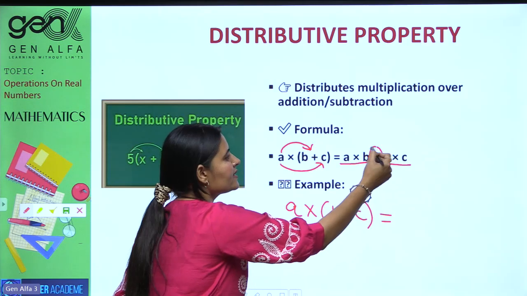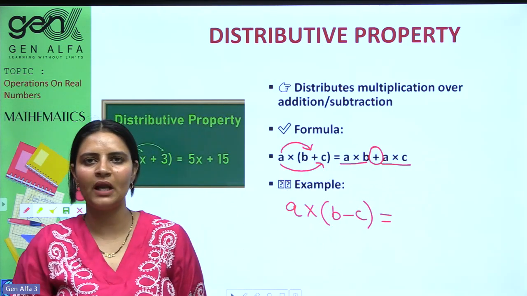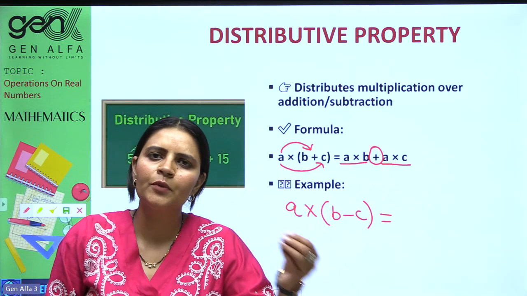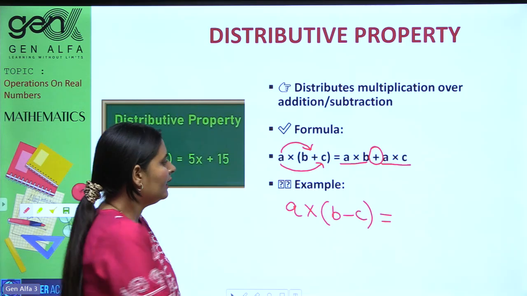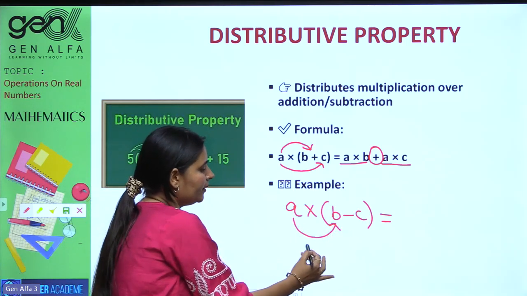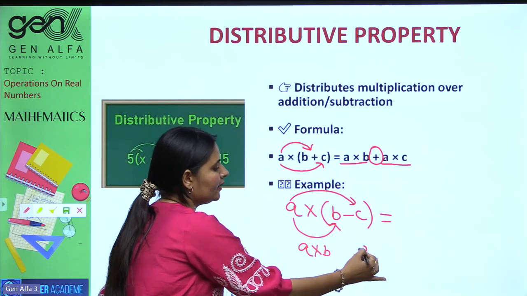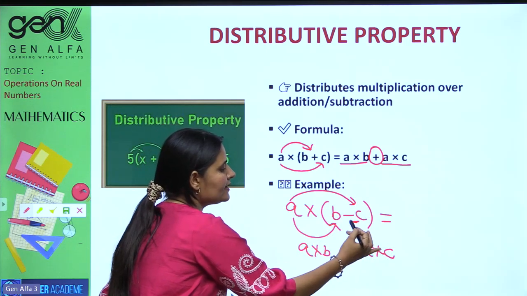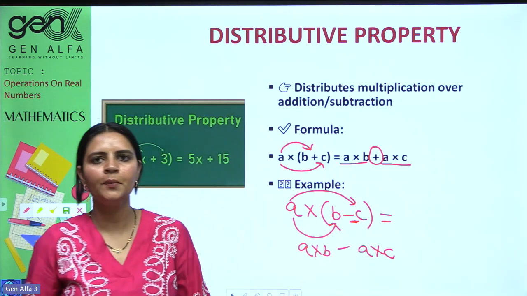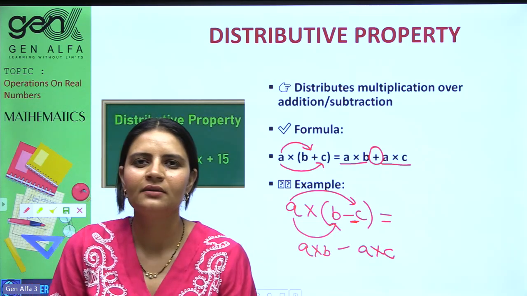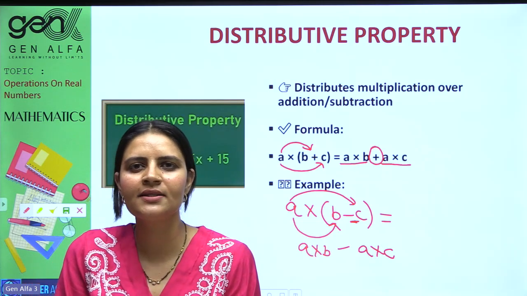And these two terms are separated by this plus sign. Same goes with the negative sign here. A multiplied by B, A multiplied by C, and this negative sign would be put in between them. This is how you open up the brackets.